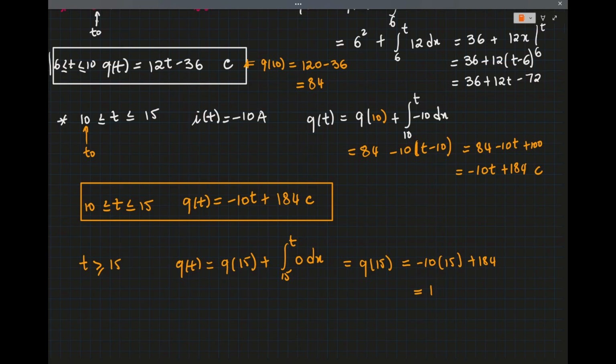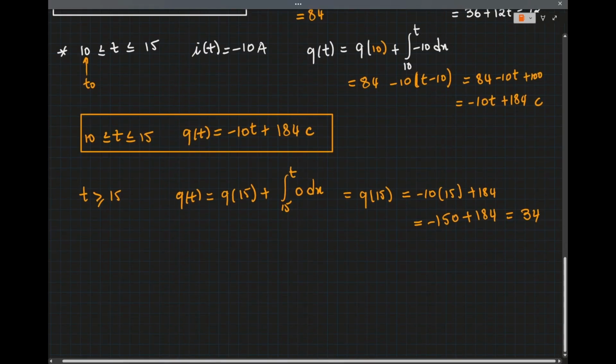So that's minus 150 plus 184. So what is that equal to? That is 184 minus 150, so that's 34.